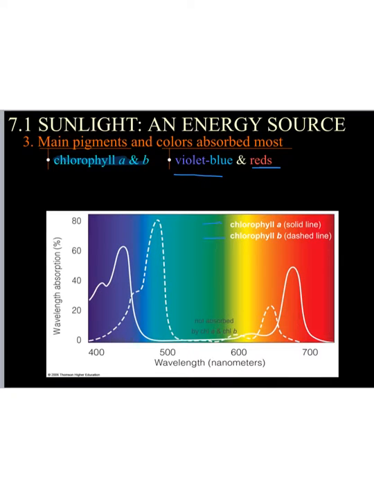If we look at A just for a second, in this purpley blue region, we have pretty high levels of absorption, up to about 60% maximum. When we get into the greens and the yellows, we start to see that absorption spectrum bottom out. That means that these are the lights that are reflected by chlorophyll A. So this is the reflected light, or what we actually see.